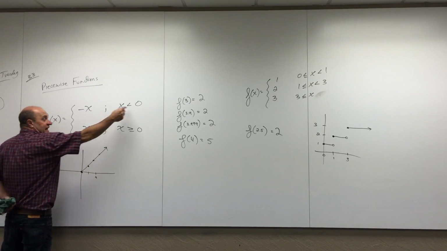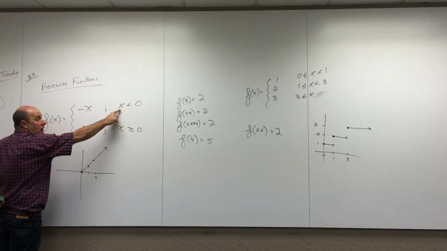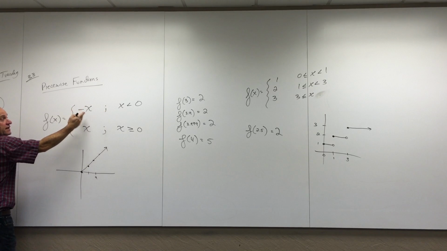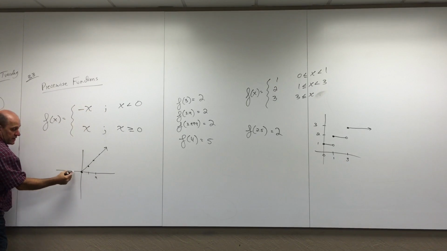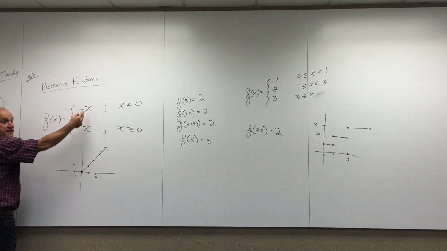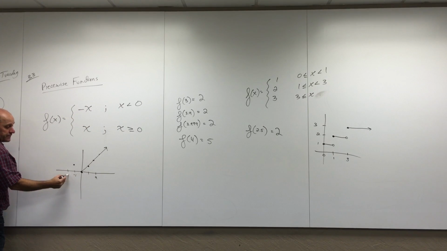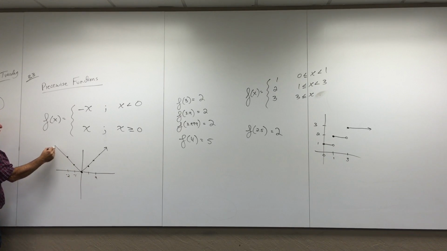What about for these negative x's? For these negative x's, if you plug in a negative 1, you would plug it in here. What is negative 1 with a negative sign in front of it? 1. So I'm plugging in a negative 1, and I just got a 1. Plug in a negative 2, and the negative sign makes it positive 2. And you get this line with a negative slope.